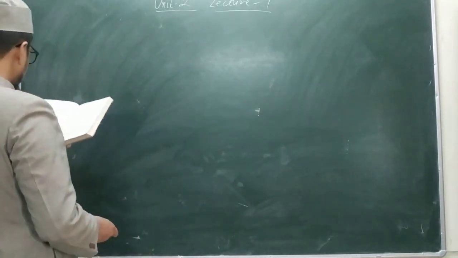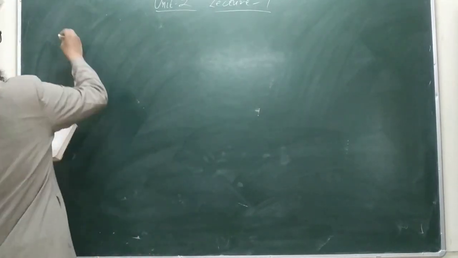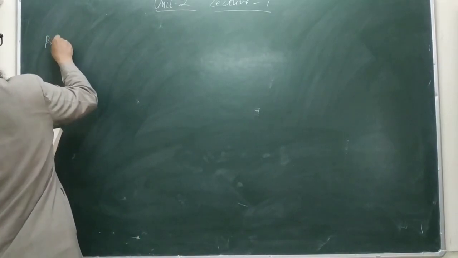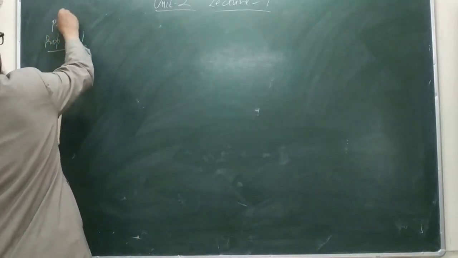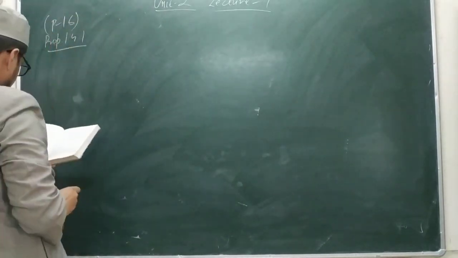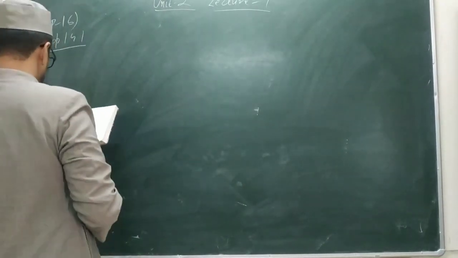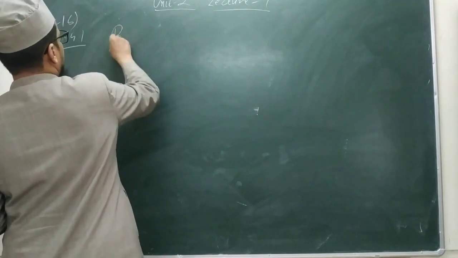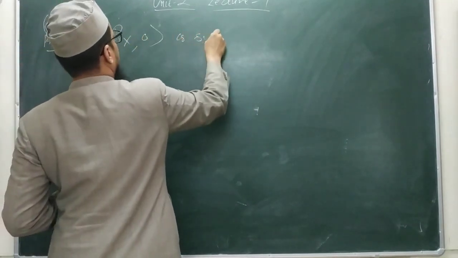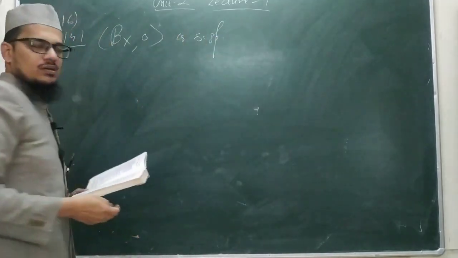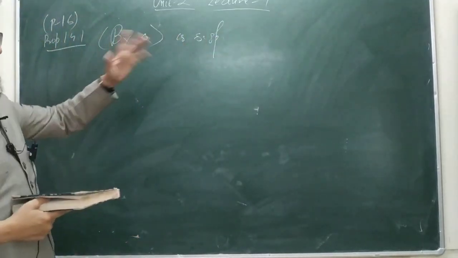So your next result: Proposition 1.4.1, page number 16. That is what you have to prove. Basically, you have to prove that B_X with respect to this operation is a semigroup. This is the result. We have to prove this set is a semigroup.